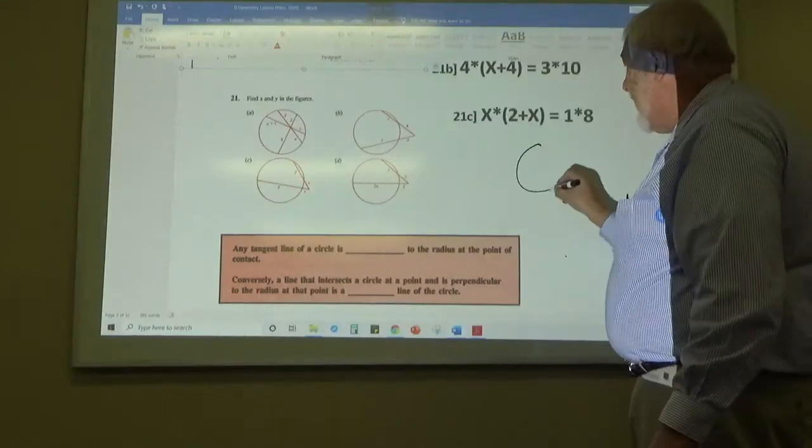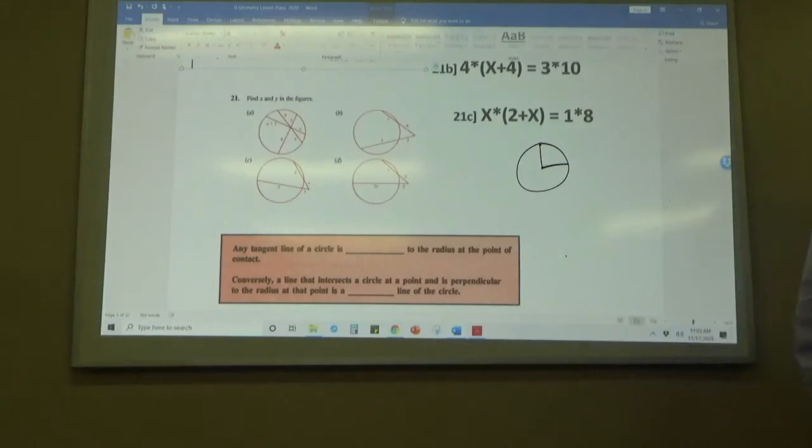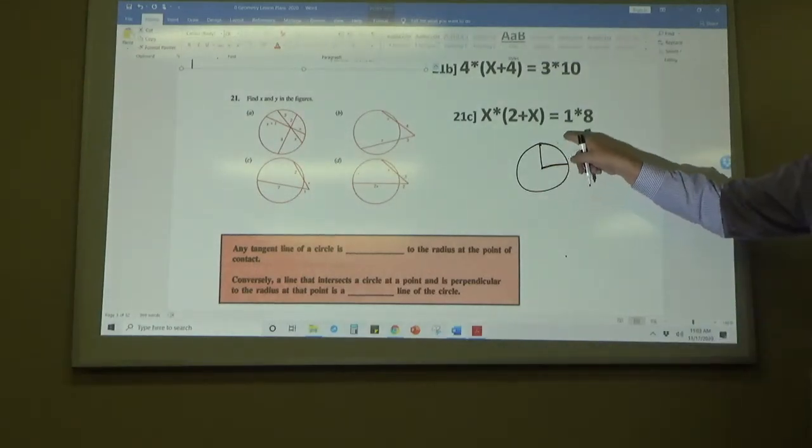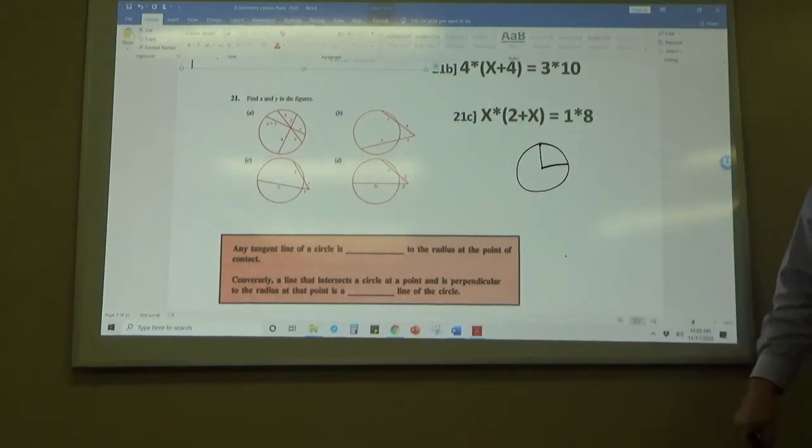All right, if you have a central angle, what do you know about the arc? All right, Casey, this is important. If you have a central angle, what do you know about that arc? It's the same. All right.